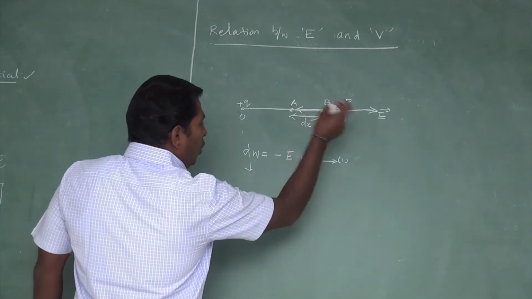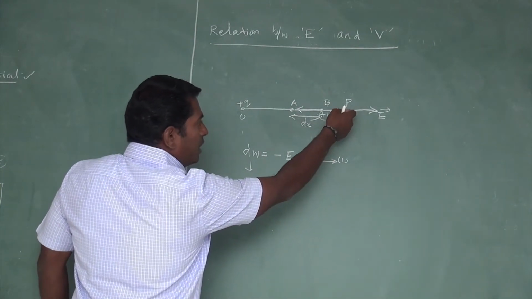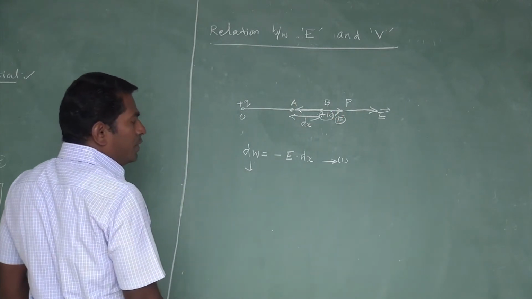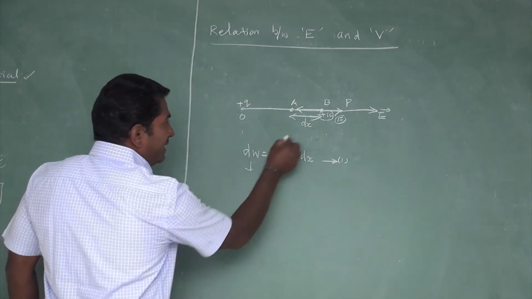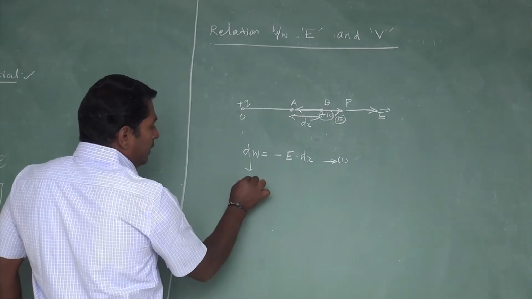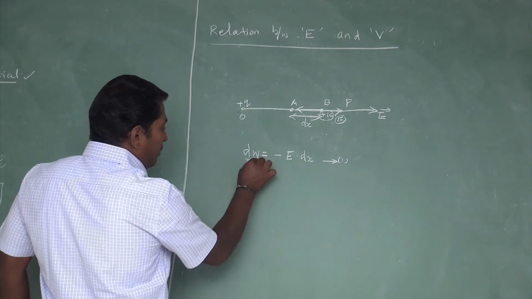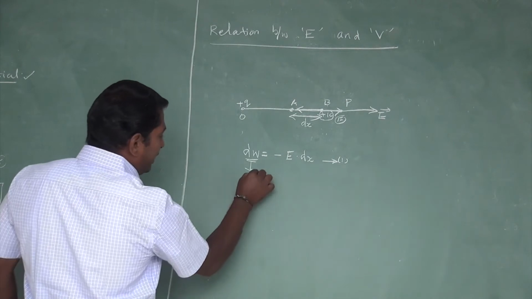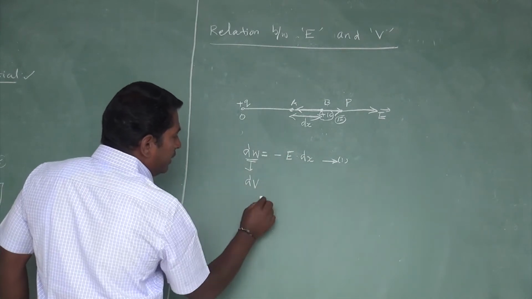So the total amount of work done in moving a unit positive charge from B point to A point against the electrostatic repulsive force is nothing but the potential difference between 2 points in an electric field. So that is dV. The total work done is the potential difference between B point and A point.